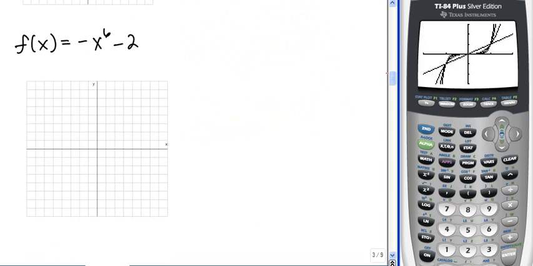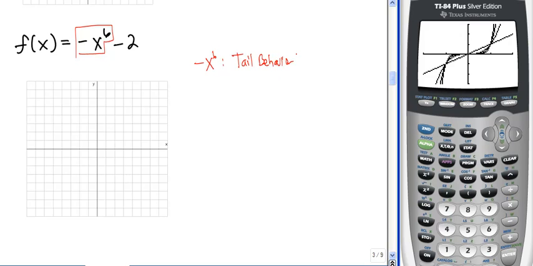We have negative x to the 6th minus 2. So we know that the leading term here, the dominating term, is this one right here. So we have a negative x to the 6th in front, which means this is an even degree polynomial, but because the leading coefficient here is a -1, its tail behavior would look like what?